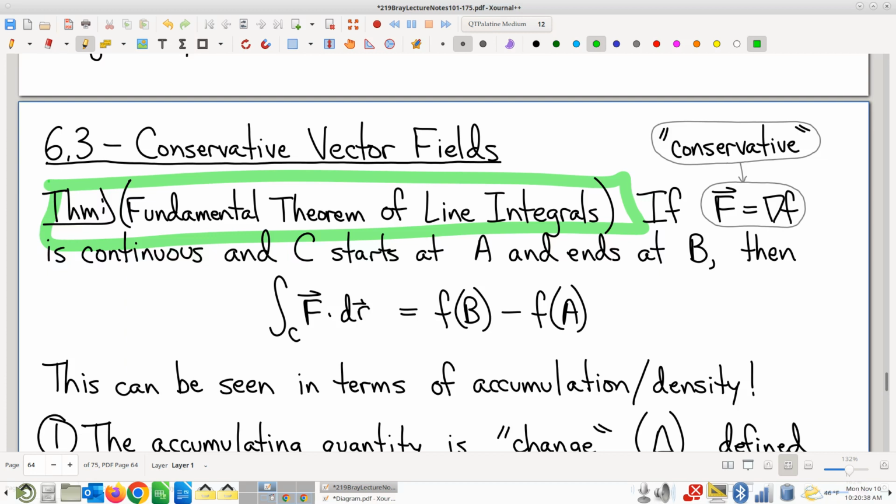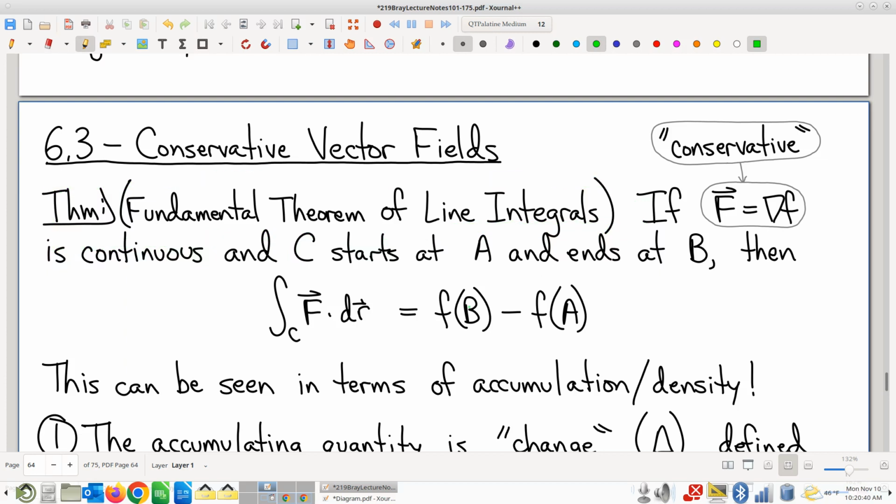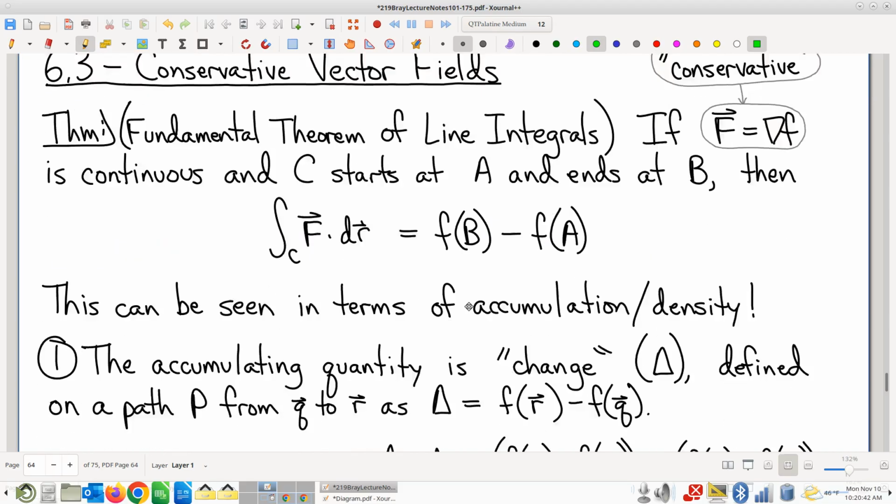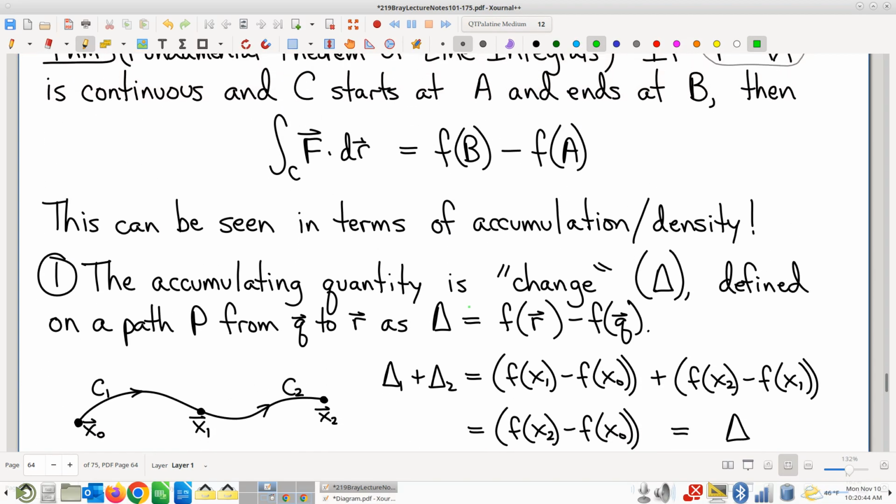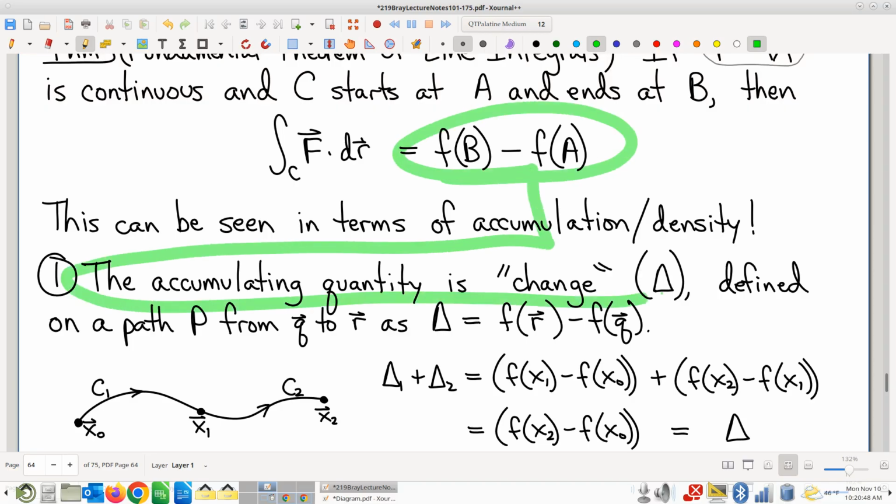Right? Anyway, okay, so we talked about what it means, and we talked about why it works. And again, my favorite point of view is that what we are doing is looking at an accumulating quantity. Once you realize that you have an accumulating quantity, I know I've said this a million times, it's just so important to what I think is the best way to think about this stuff.